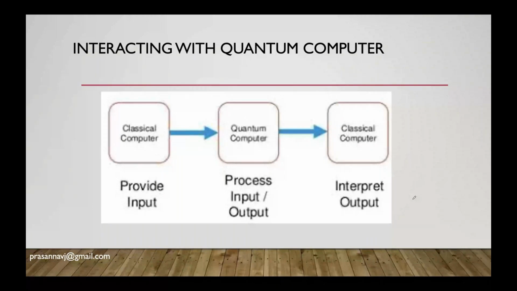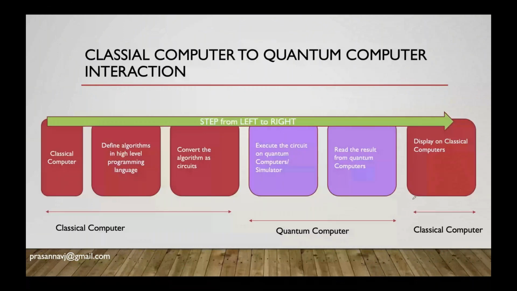That is exactly what is depicted here for quantum computers as well. How are we going to interact with the quantum computers? I've clearly provided the steps. Here, what you will do on the classical computers, and what you can do on the quantum computer right now, and so on, is defined.